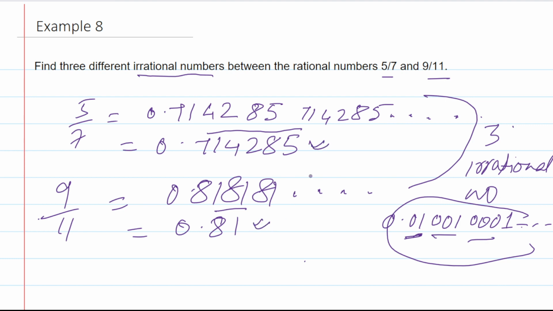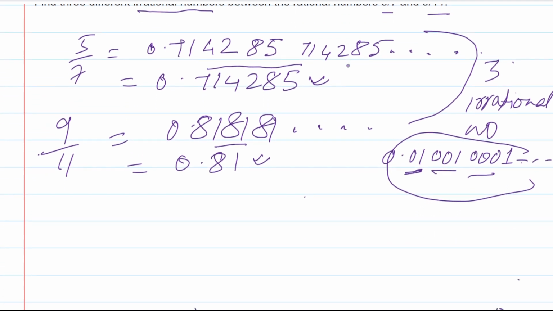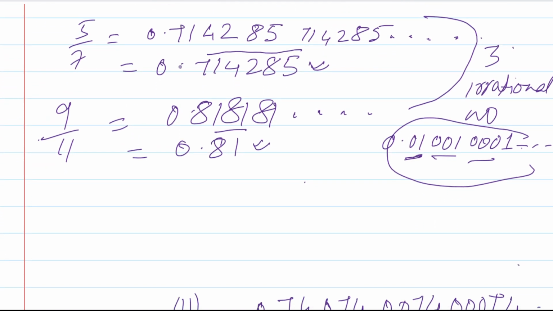Okay, so let's do this one also. Before I write the irrational number, let me understand a small part of this number. Can you see 71? Forget the rest of the number. Just take two digits after the decimal point. 71. Here 81 after the decimal point. So let me write 71 and then 81.